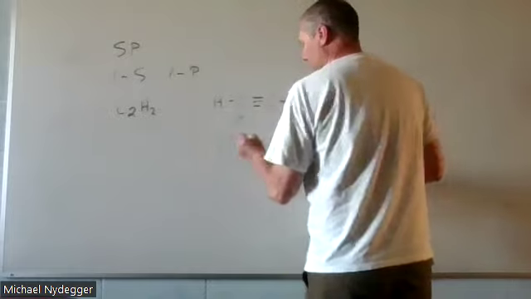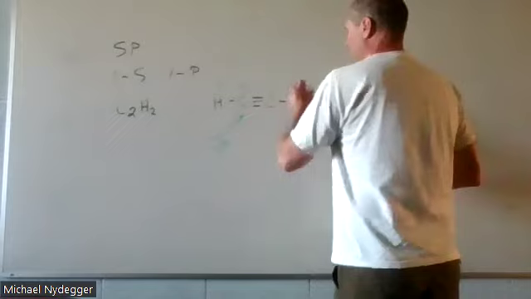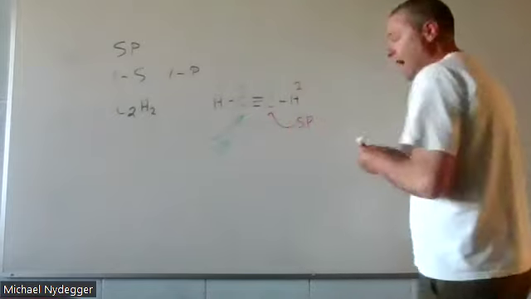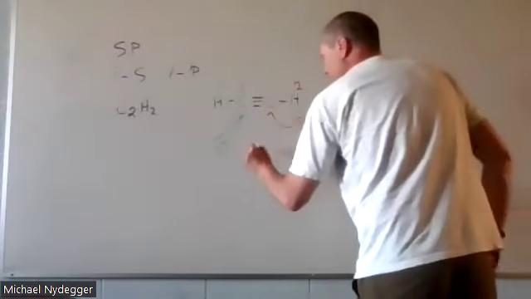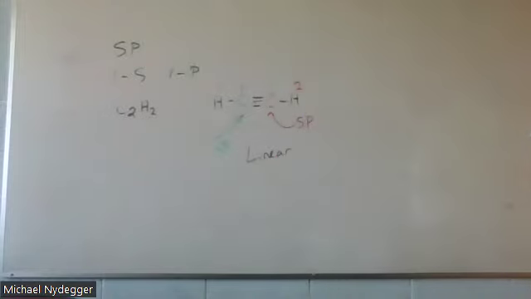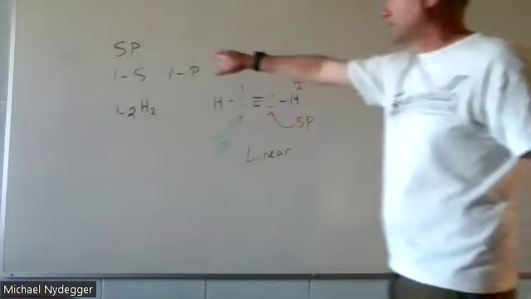That will be sp. This red carbon has 1 carbon bonded to it and another hydrogen. That's going to be sp. And more importantly, this is a linear molecule. That's a linear molecule. In the previous example, if it's going to be sp2, it's going to be trigonal planar.